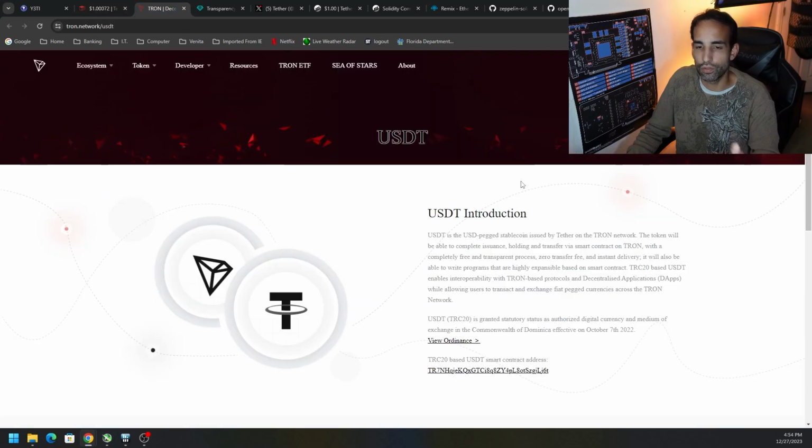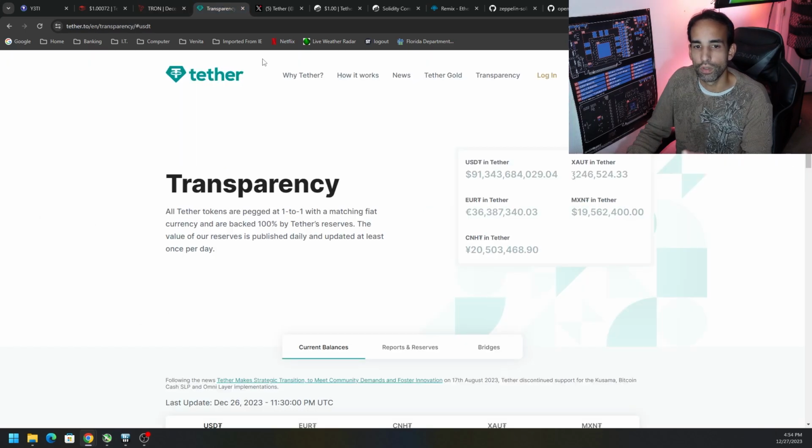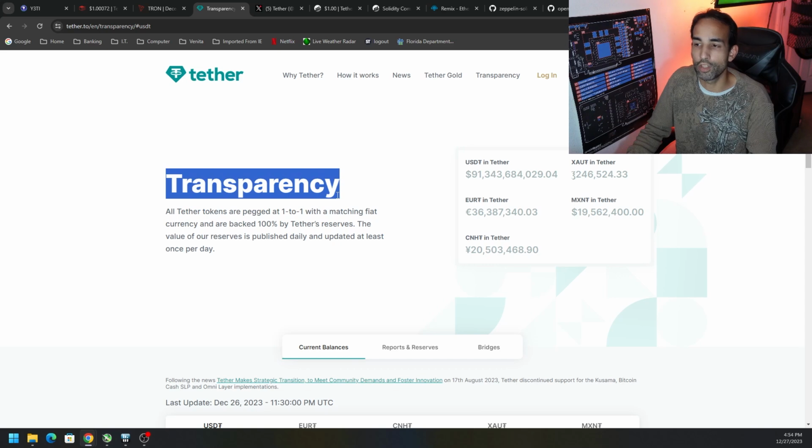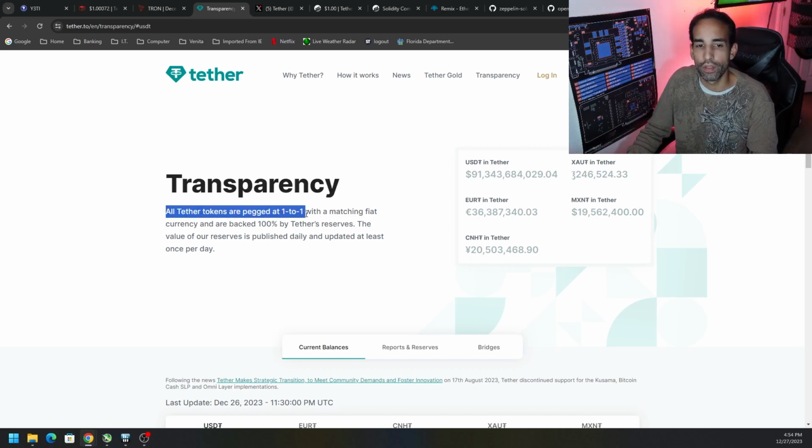The official website is just a page on the Tron network, tron.network, which just talks about it, but then it ultimately links to the official Tether website, where the key word is transparency, because in the past, they were fined by regulators. They claimed from the start that their tokens were pegged 1-to-1 with whatever currency it was available on, whether it was USDT, the Euro, JPY, whatever it was. And that was found not true.